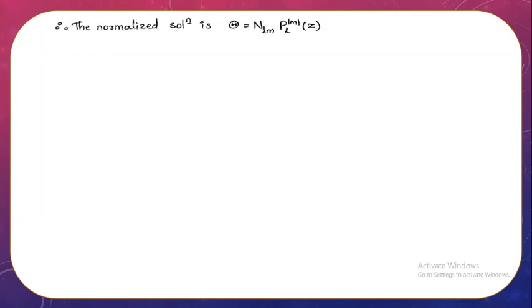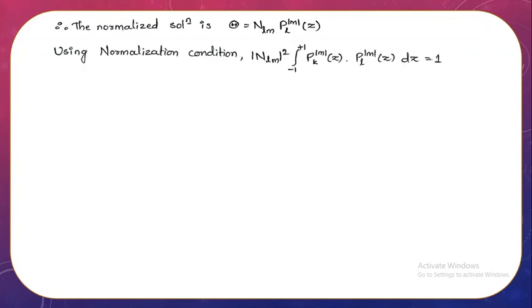Then again we need to find the solution, and from the polynomial itself we know that the solution for theta will be equal to NLM into PLM of z. Here NLM is nothing but the normalization constant. So our next task will be finding out the value of NLM.